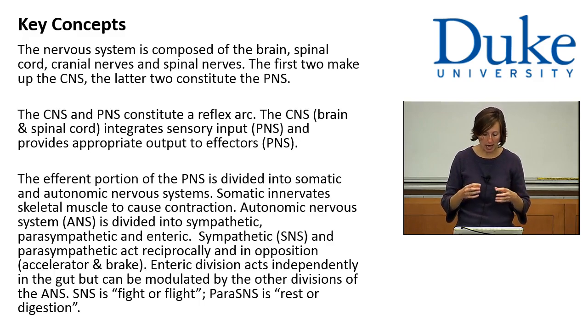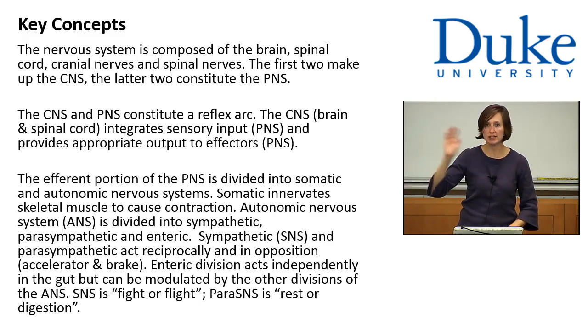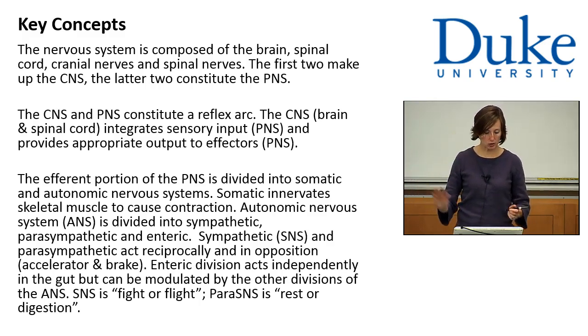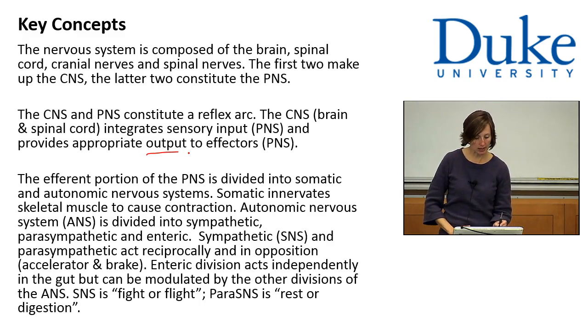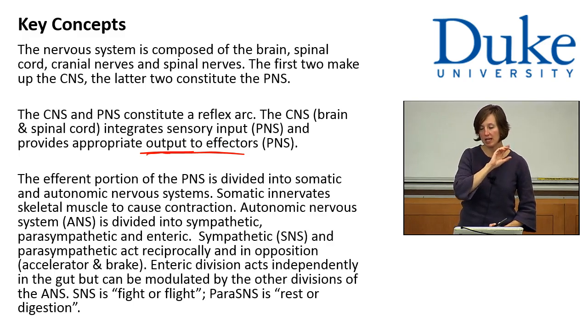So I didn't mention this explicitly, but what this means is it's a reflex arc of the sensory information coming in, the integration of what should happen, and then the control and the signal of what to do, giving output to the effectors via the efferent pathways of the nervous system.